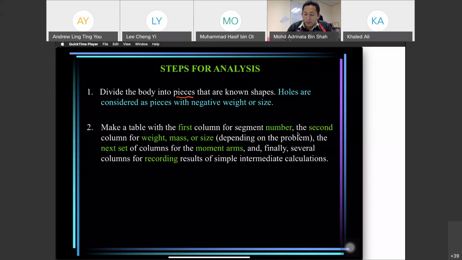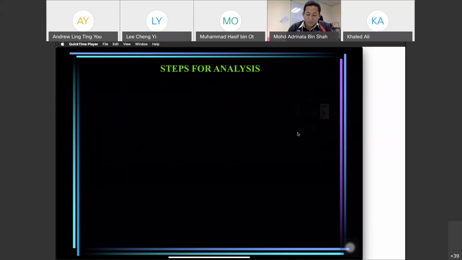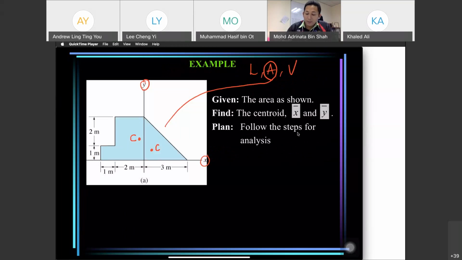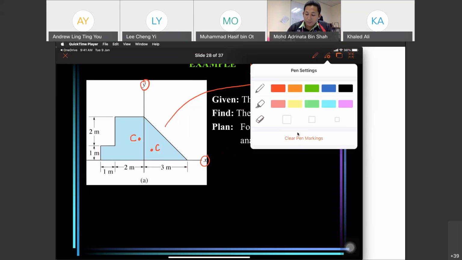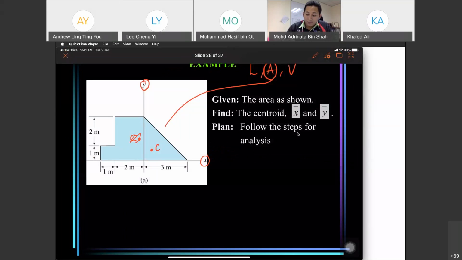So we can divide it into triangle, square, rectangle. Okay. So we can divide it into 1, 2, and 3.